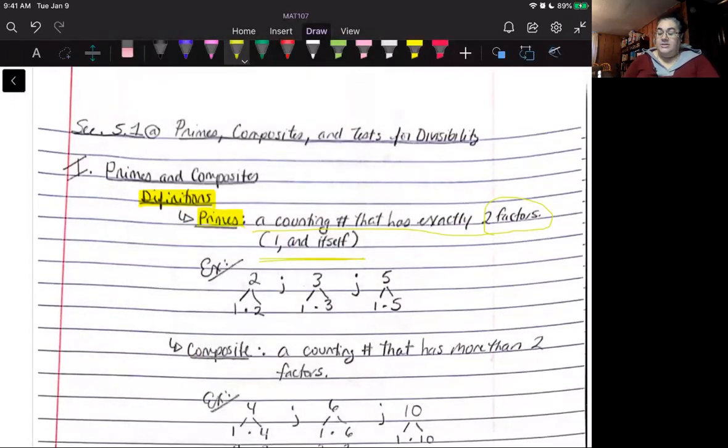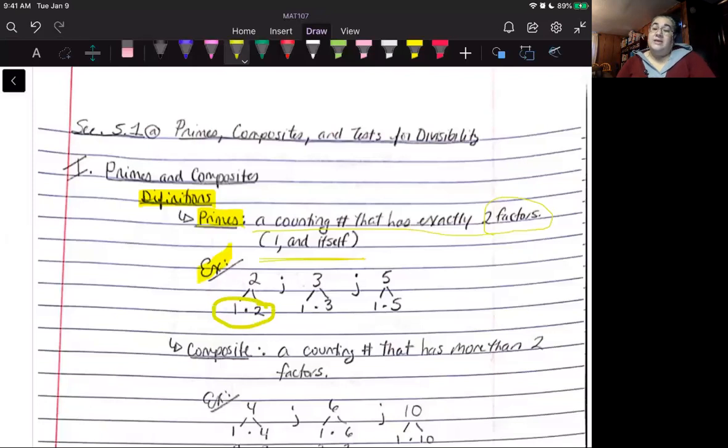All right. So here are some examples. We have, for example, the number 2. It is a prime because it only contains 1 and 2. Remember that factors are the two numbers that can multiply together to give you, as a product, the number you're discussing.